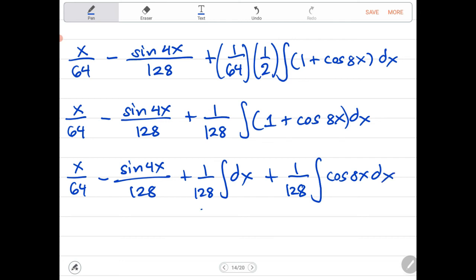So this is integrable, this is integrable, right? So yan, we can now arrive with our final answer. So let u is equal to 8x, du 8 dx. Then nf is 1 over 8.